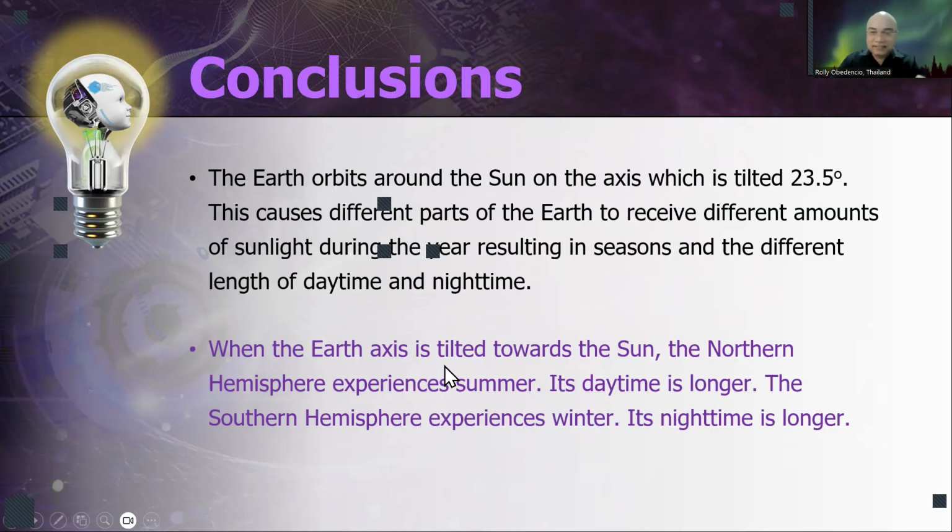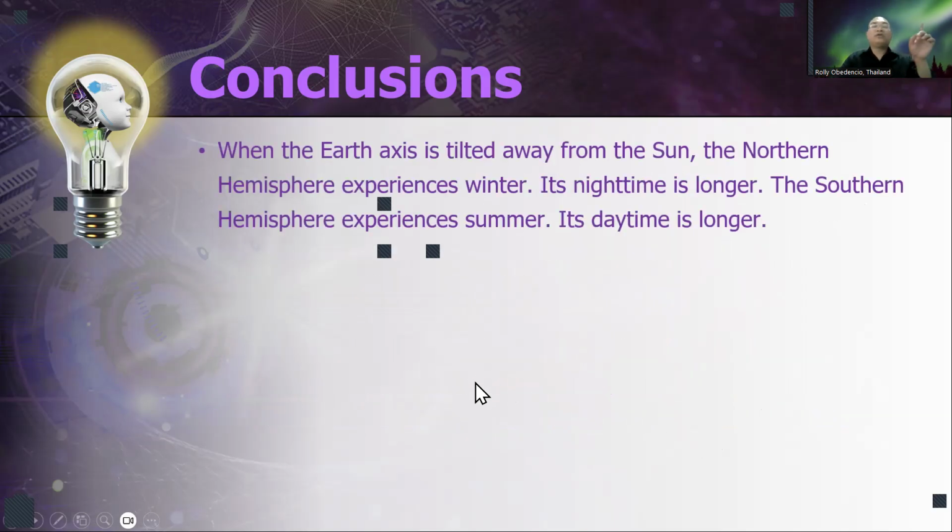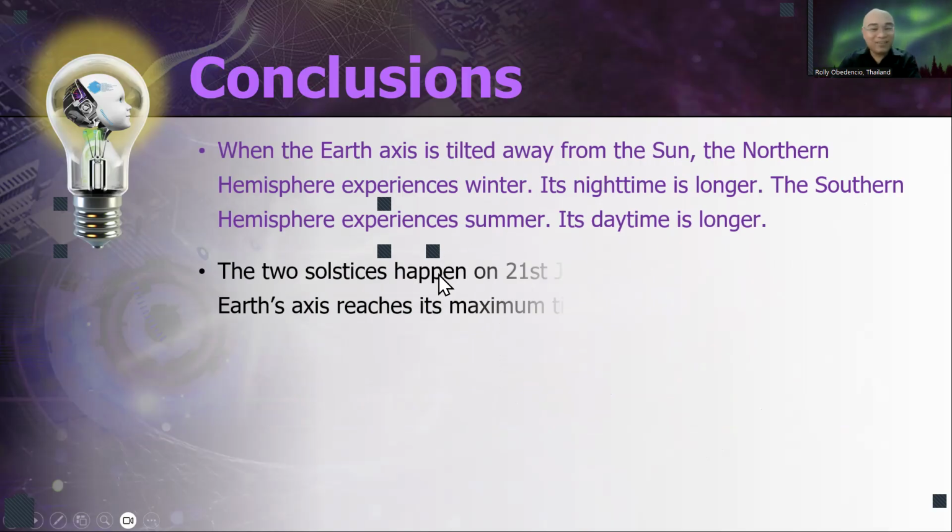When the earth axis is tilted towards the sun, the northern hemisphere experiences summer. Its daytime is longer. The southern hemisphere experiences winter. Its nighttime is longer. When the earth axis is tilted away from the sun, the northern hemisphere experiences winter, its nighttime is longer, and the southern hemisphere experiences summer, its daytime is longer.